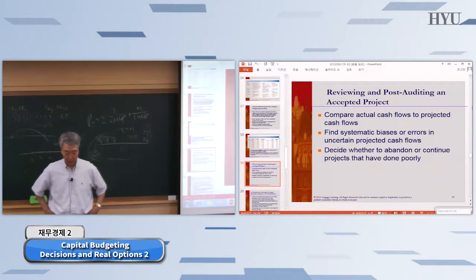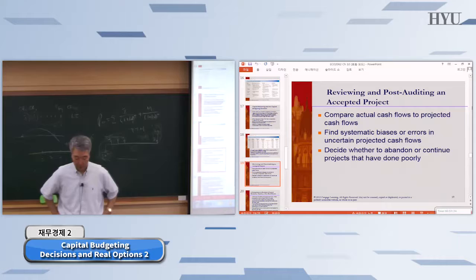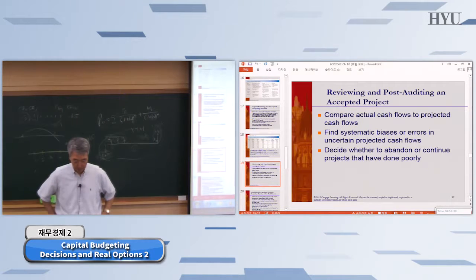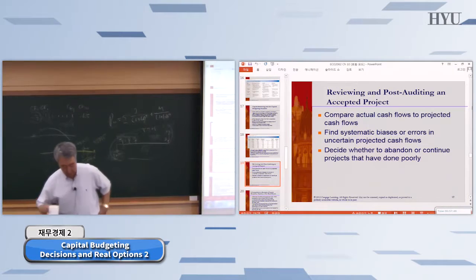And when the projects are all done, then you have to review, or sometimes you review in the middle of the project. So, reviewing and post-auditing an accepted project. Of course, you have to compare the actual cash flows to projected cash flows, and see if you can find a systematic bias or systematic error.